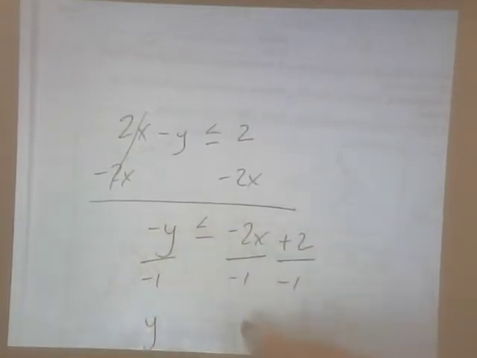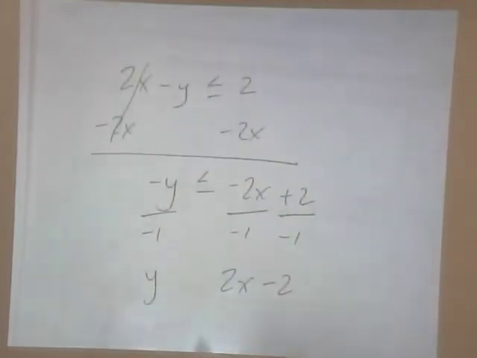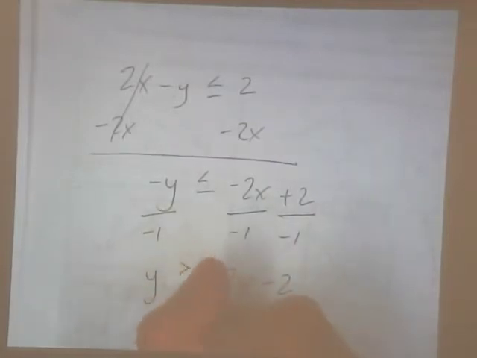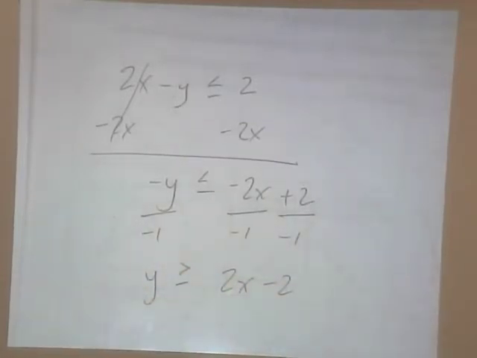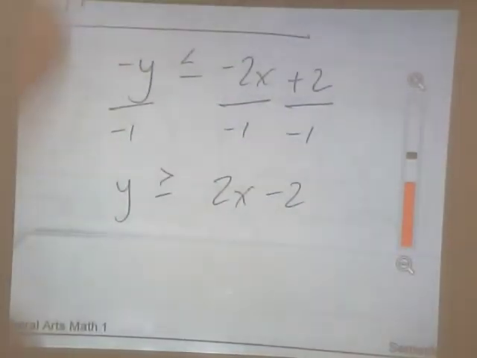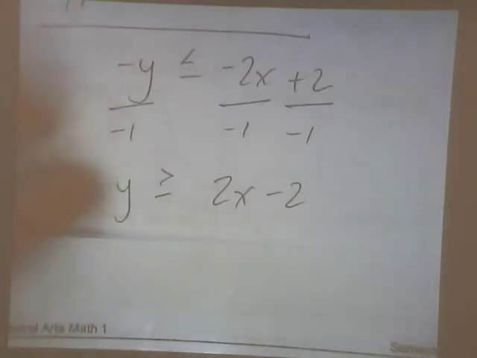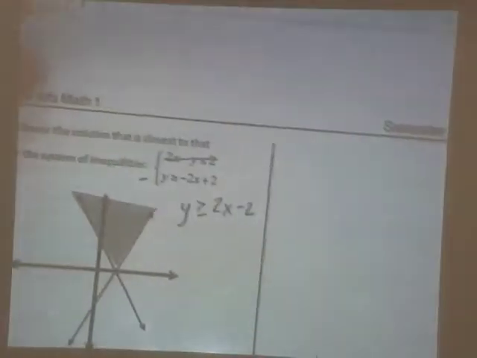So I've got y, and this becomes 2x minus 2. What happens to the sign? It flips. Why? Because you divided by a negative. So that first equation we're going to change to y is greater than or equal to 2x minus 2. Those are the two equations we're using now.